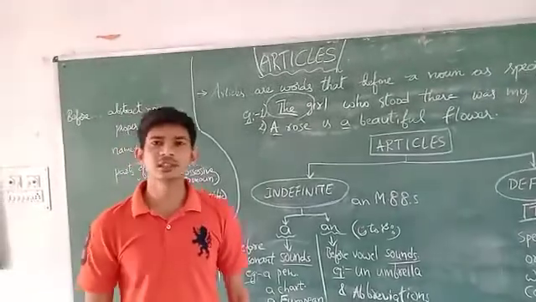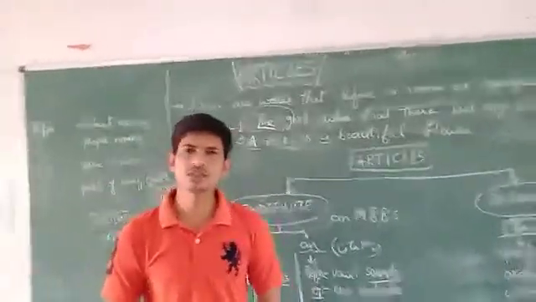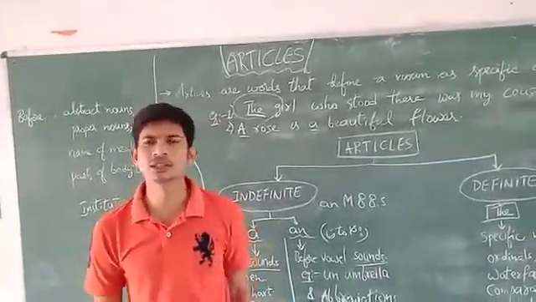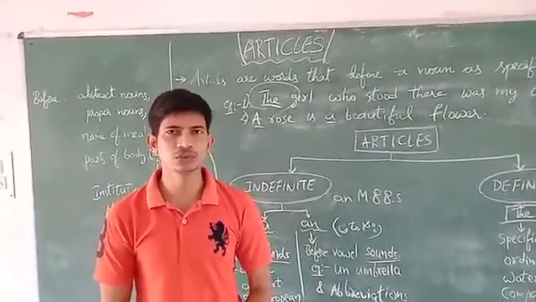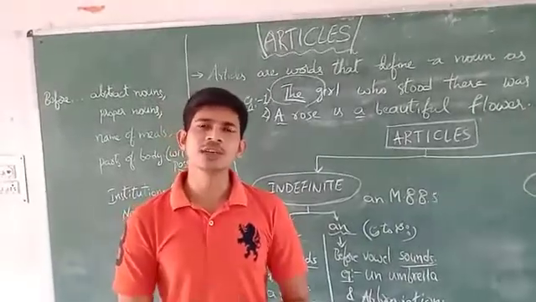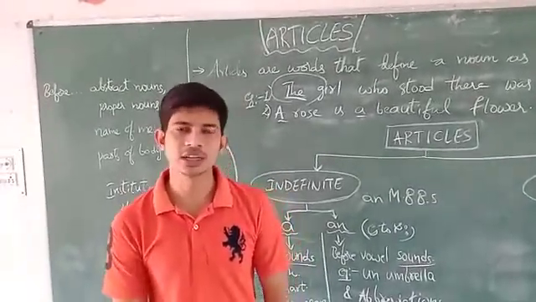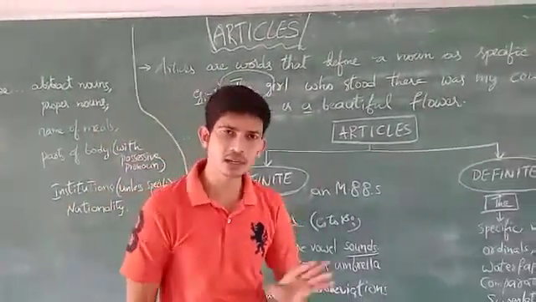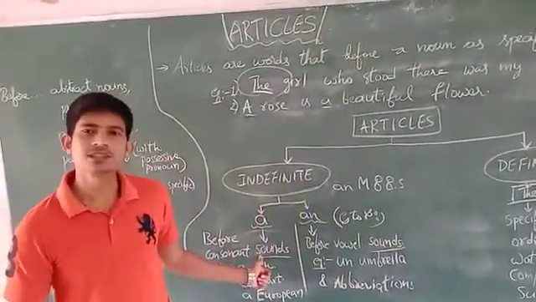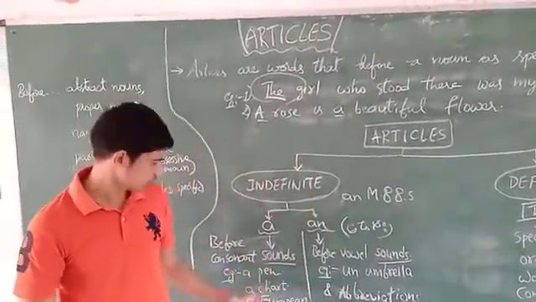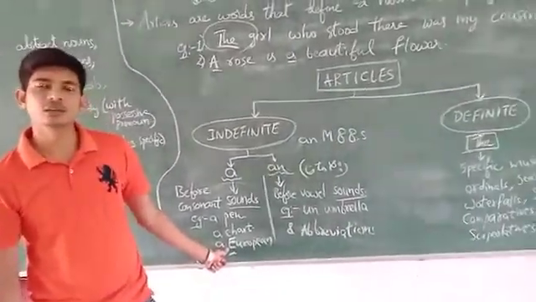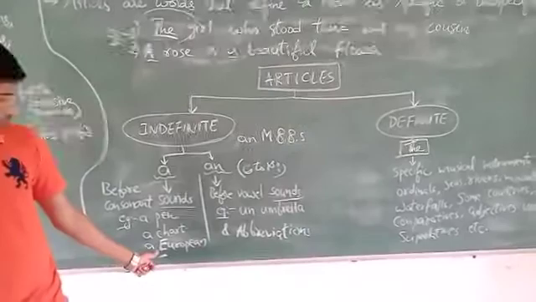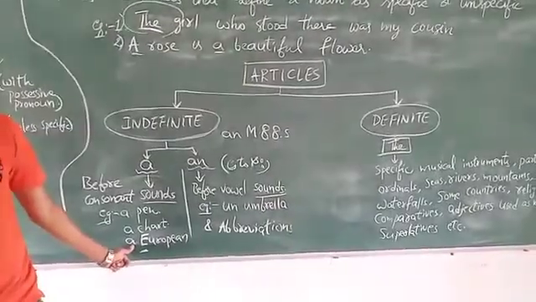In earlier classes, our teachers taught us that before consonant letters we should use a, and before vowel letters we should use an. But it does not tally in every case. That's why we should not remember it as a letter, but as a sound. For example, E is generally a vowel letter, but we gave a.